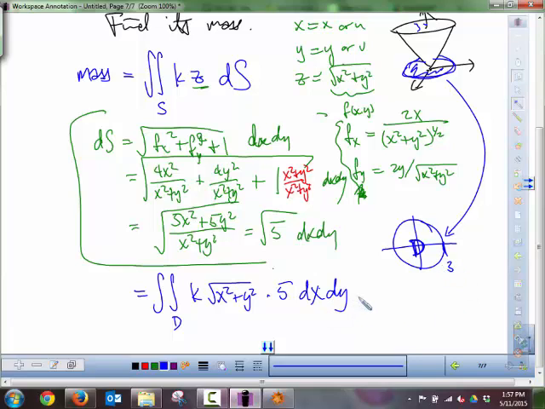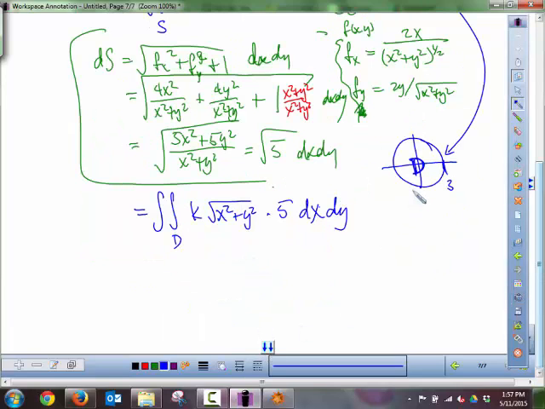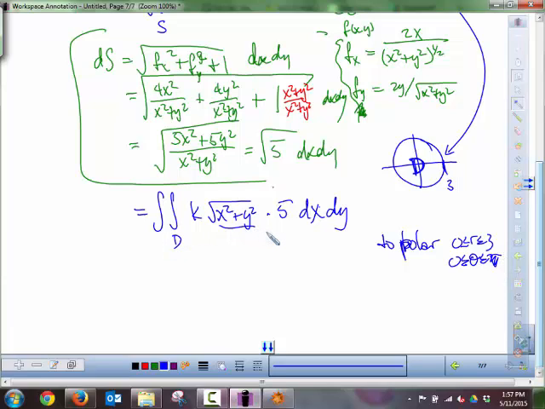So now I can go to polar coordinates. My r goes from 0 to 3, and then my theta goes all the way around, 0 to 2 pi.